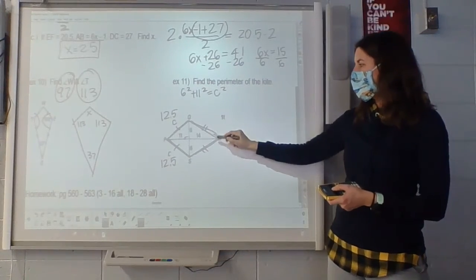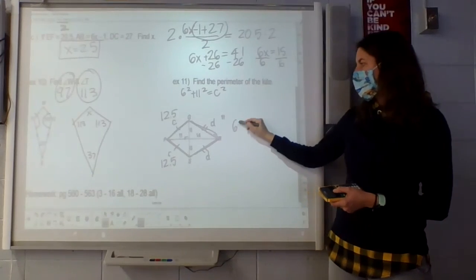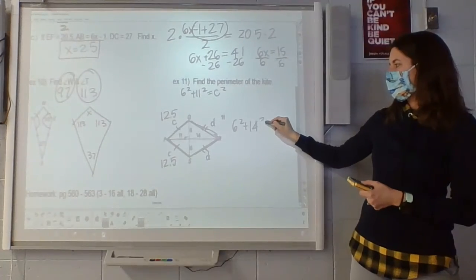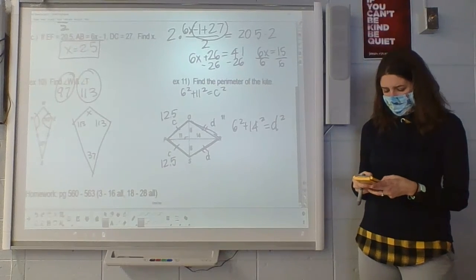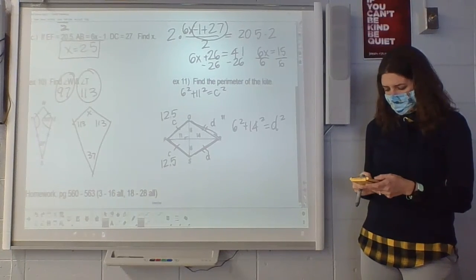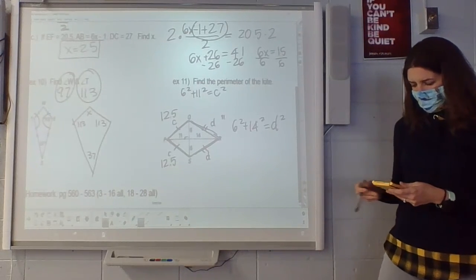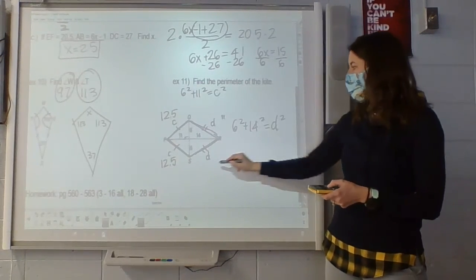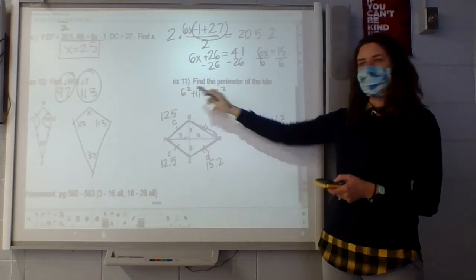And then I can go on these sides, let's just call those like d, and do 6 squared plus 14 squared will equal d squared. And that's going to be about 15.2. And then I just have to add those all together to find our perimeter.